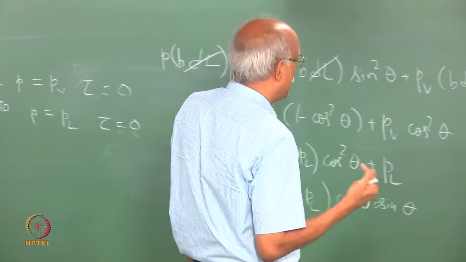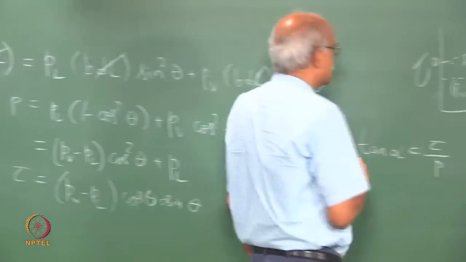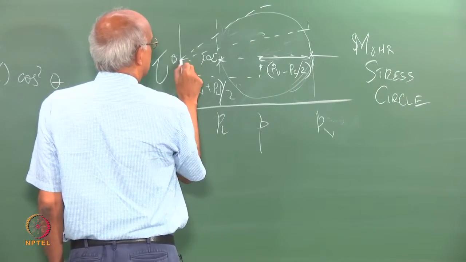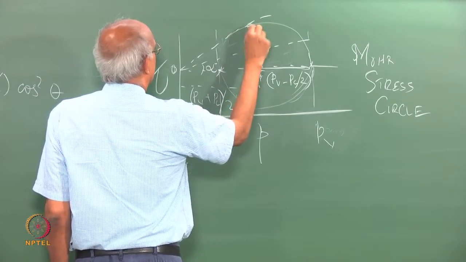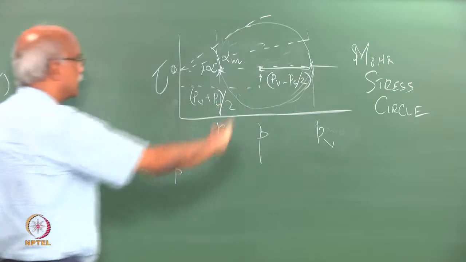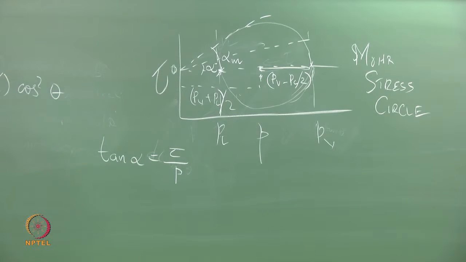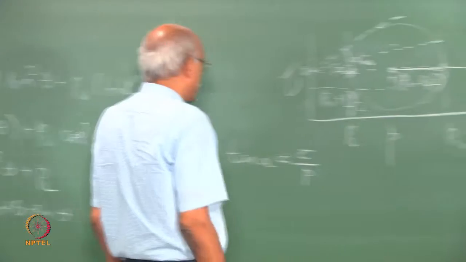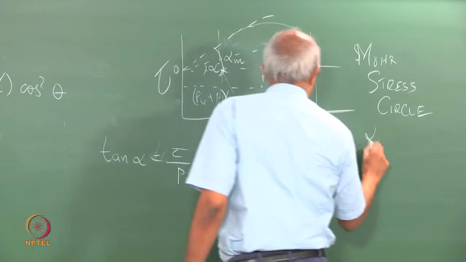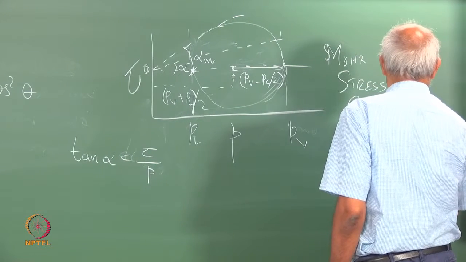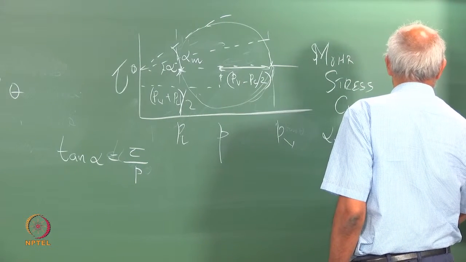So, when is the shear stress likely to be a maximum? When you draw a tangent to this curve, the angle that the tangent line subtends is called alpha m, and this alpha m is called the angle of internal friction.